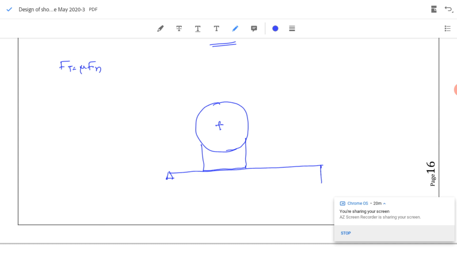When we apply force in the upward direction to apply the braking force, the shoe will be exerting a normal force in the downward direction. This is the normal force Fn. If the rotation is counterclockwise, it is easy to understand that the frictional force, or the tangential force on the shoe, will be in the direction of rotation.